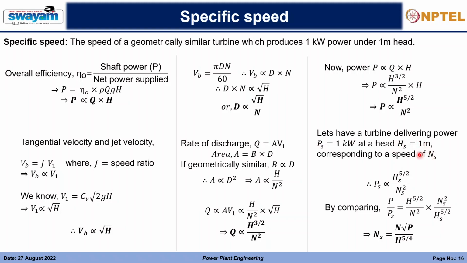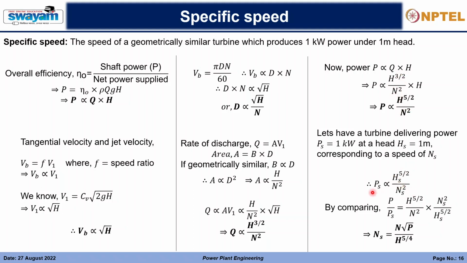If we consider both the turbines are the same, only scaled down, then what should be the particular speed to maintain the correlation between the two turbines? So for that, PS is directly proportional to this per this formula.